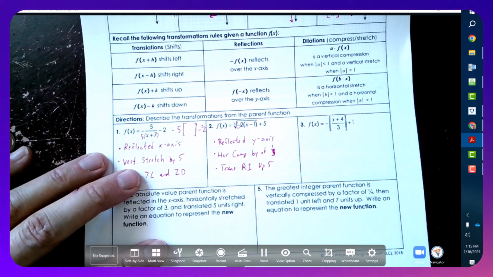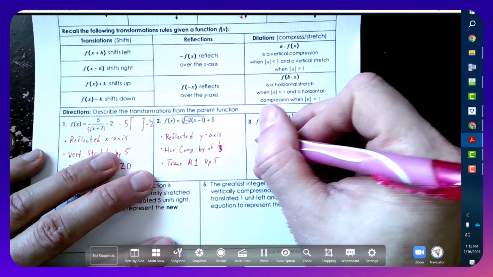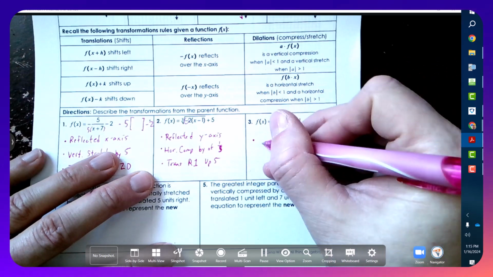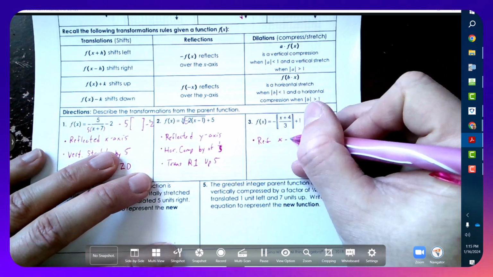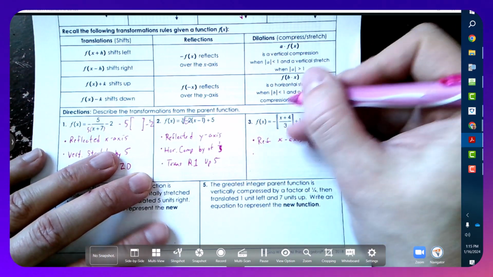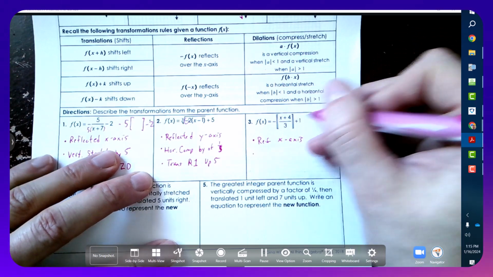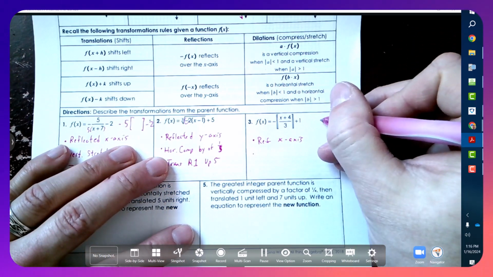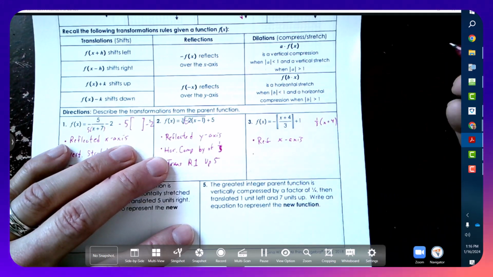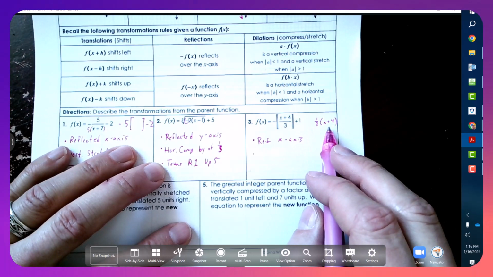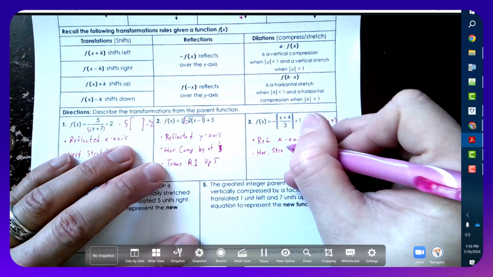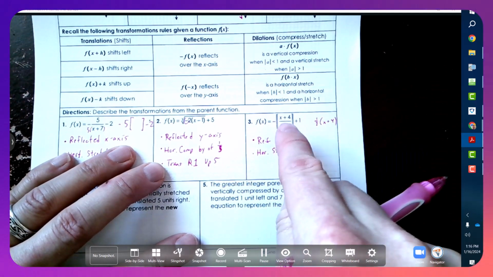Now this one is a greatest integer function, and we can see that it has been reflected on the x-axis because the negative is on the outside of the parent function. We also have this division by 3. So what we really have is a 1/3 on the inside like this. That is a horizontal stretch because it is a fraction and it's on the inside of the parent function.